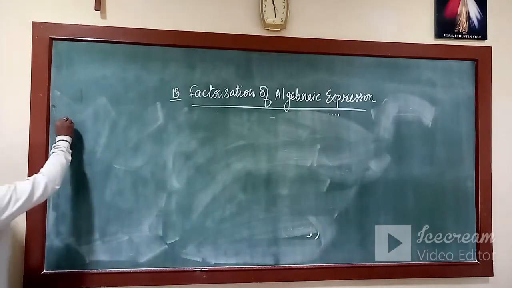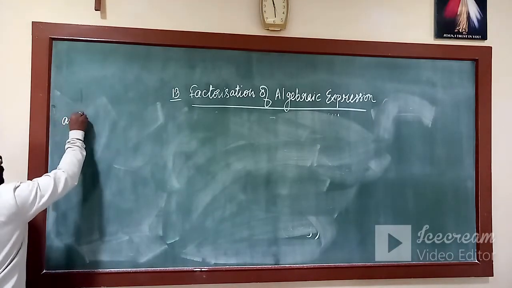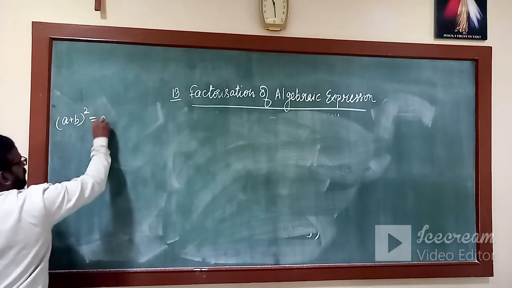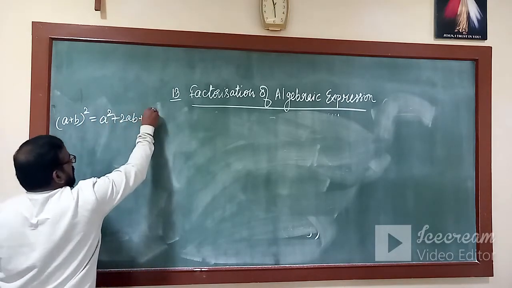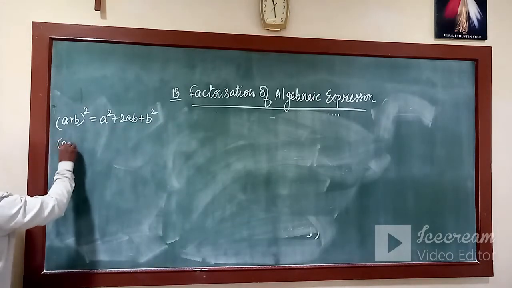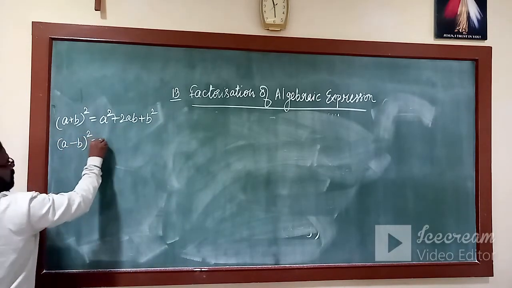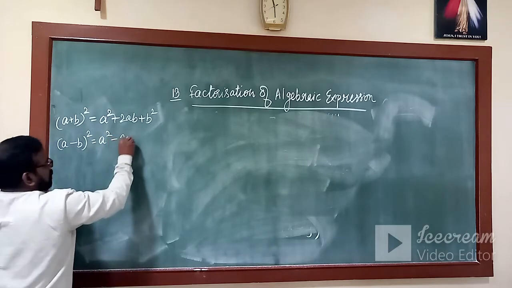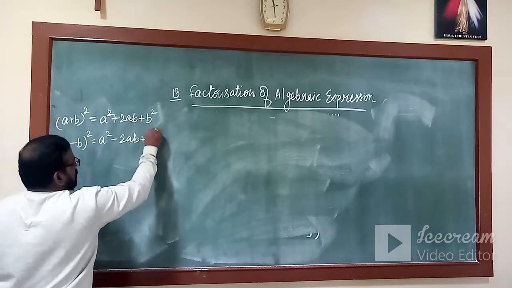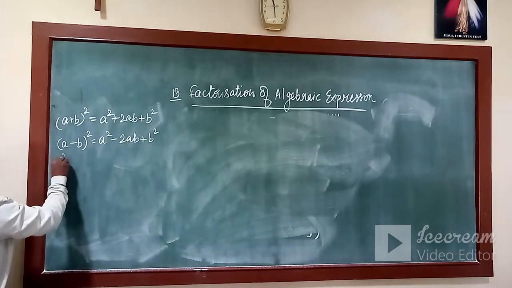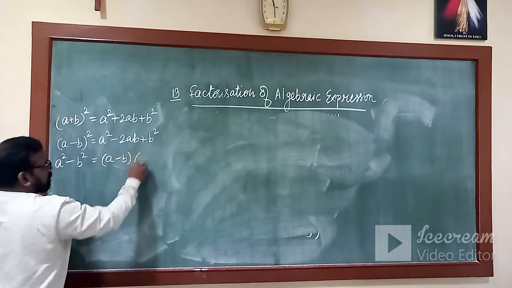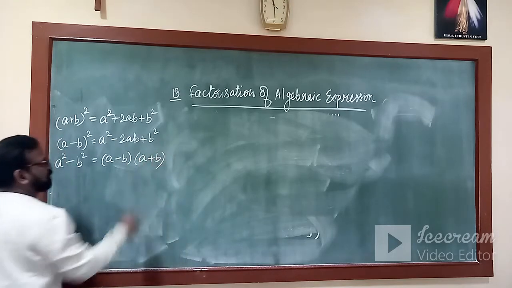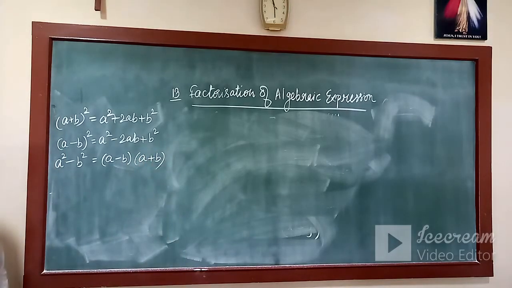Okay students, so let's see a few identities which we will be using now and which are very helpful for you. Okay, so these are the three algebraic identities that we will use for the next exercise.